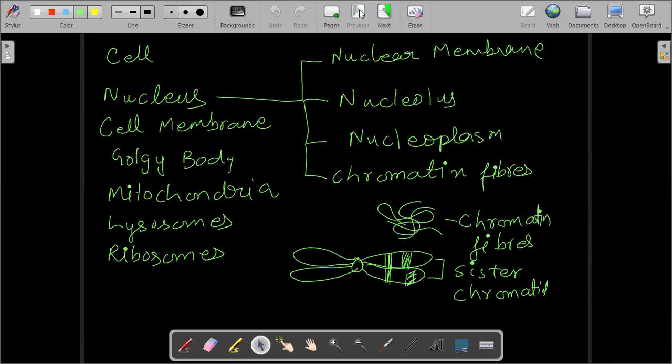So here we have done mitochondria. Then we have to see the small organelles like lysosomes and ribosomes. Just give me 1 minute.